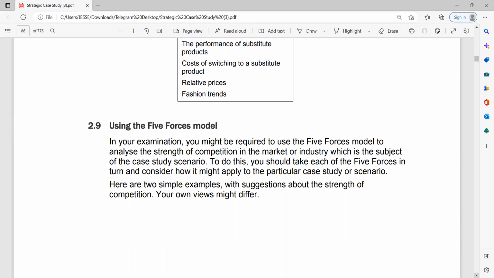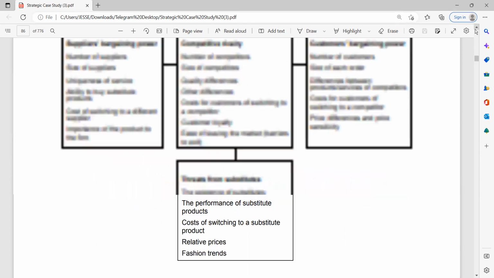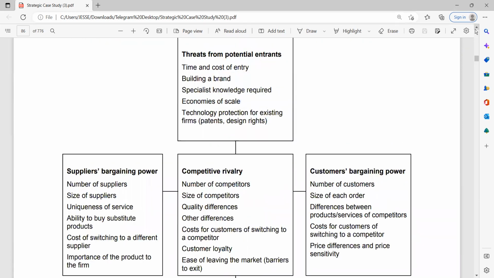To do this, you have to take each of the 5 forces we mentioned earlier and be able to explain it. So for example, if you pick threats from potential entrants, if the threat from potential entrants is high, then it means that they can easily enter into the market and add to competition.